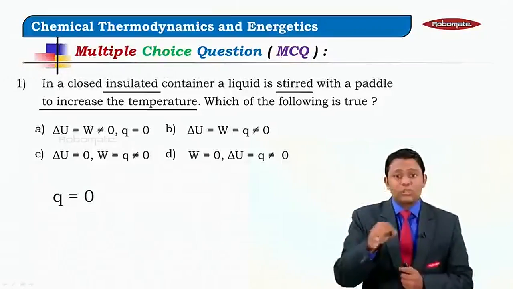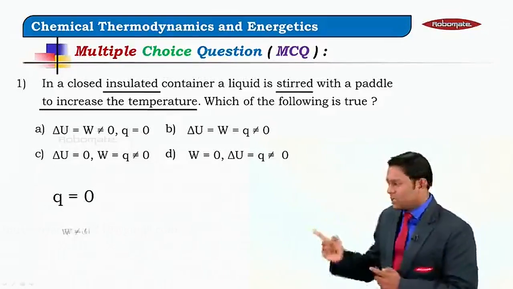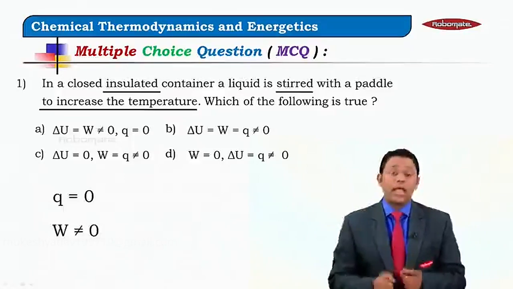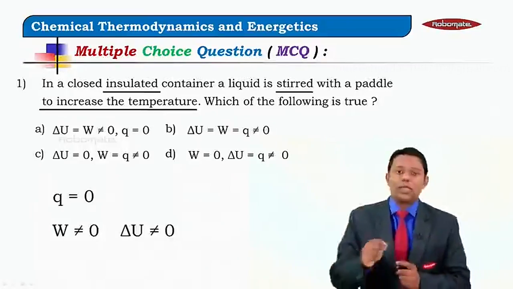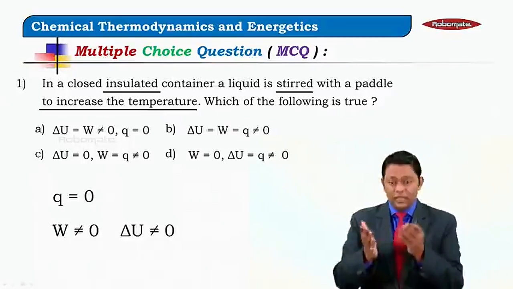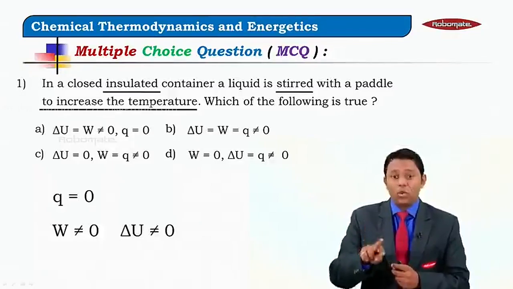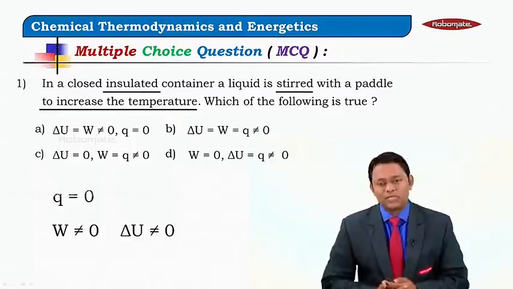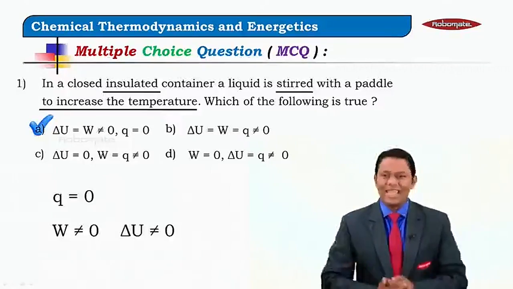If the solution is constantly stirred, that means there is work done. If there is work done, that means W is not equal to 0. And if W is not equal to 0, that means delta U is also not equal to 0. So we have to see where all this fits. Q is equal to 0 and delta U and W are not equal to 0. And if you carefully see, our correct option is option A.